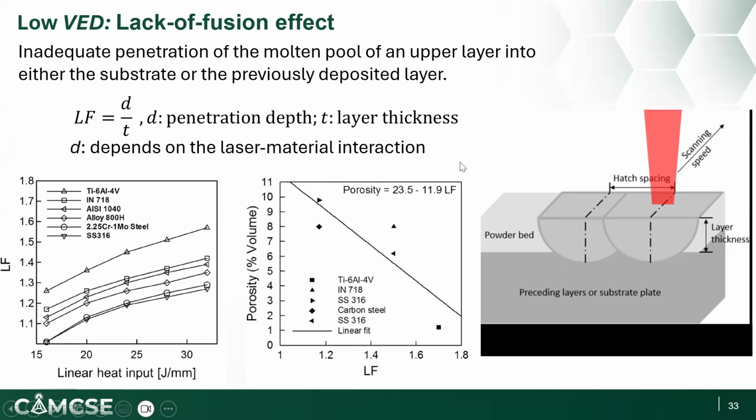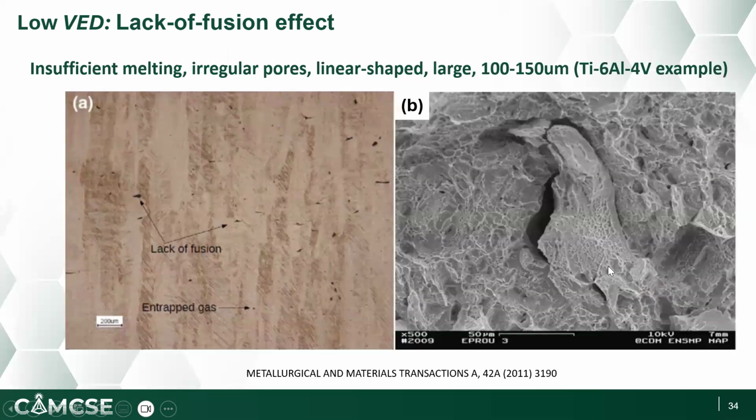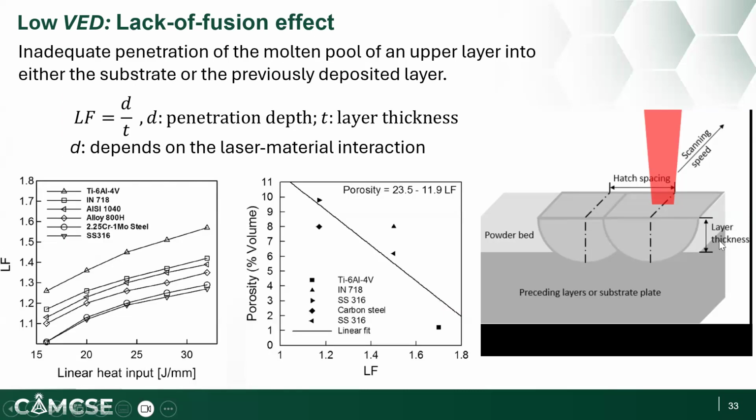If you define a lack of fusion coefficient, given by the laser penetration depth D over the built layer thickness T, then the value of D over T is not large enough for the melt pool to go deep enough to bond with the previous layer.